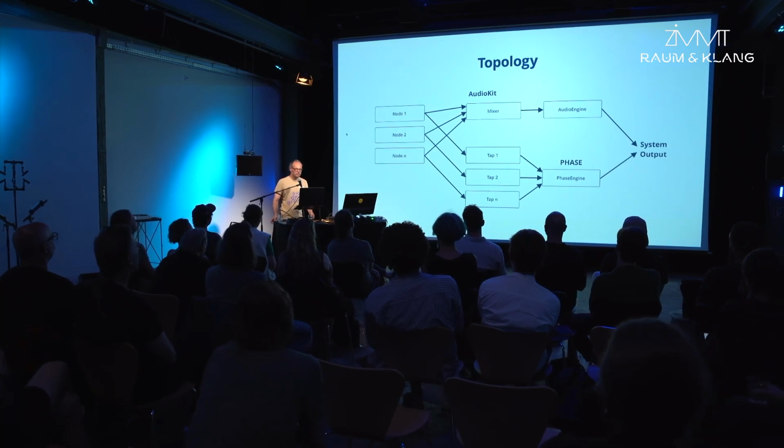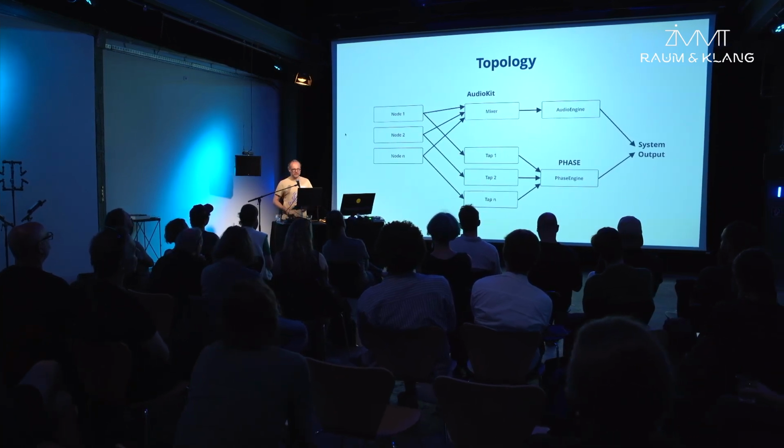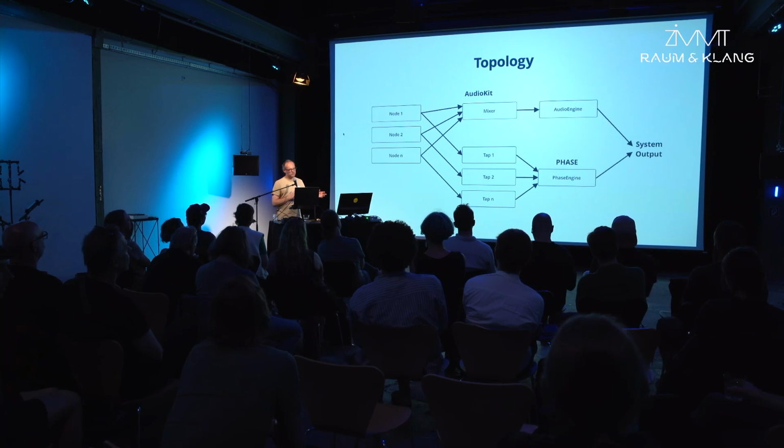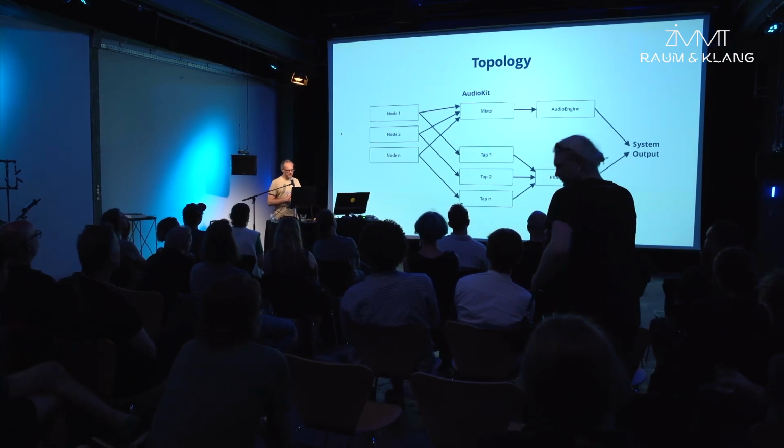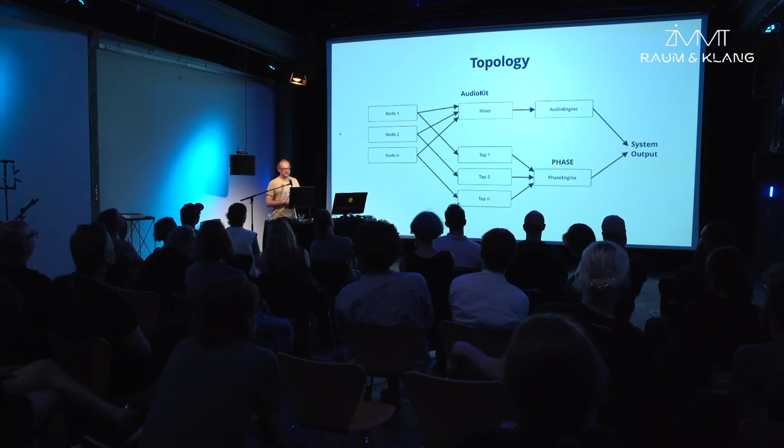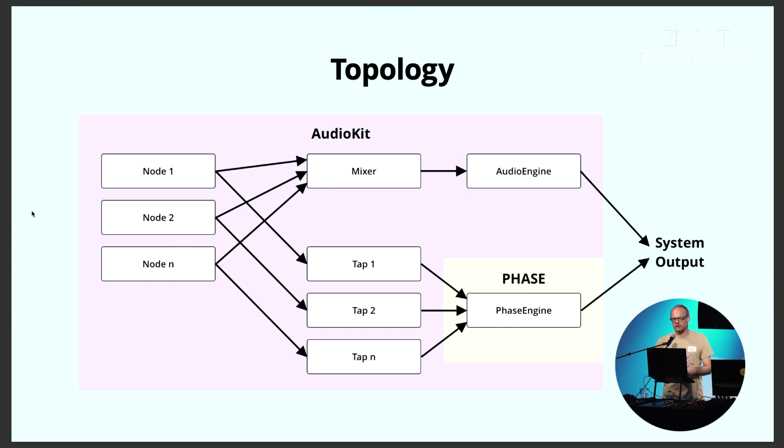And so our problem was, how do we get this sound that we are producing in our music engine using AudioKit into the PHASE engine? That was basically the main problem.